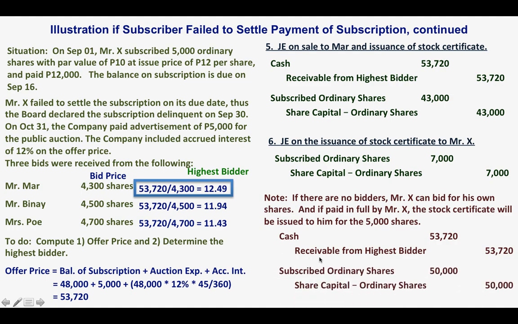And then there will be an issuance of the shares because he has already made the payment. Then the stock certificate will be issued to Mr. X, 5,000 shares times the 10 par value. So the entry will be debit subscribed ordinary shares 50,000 and credit share capital ordinary shares 50,000. Okay, class?